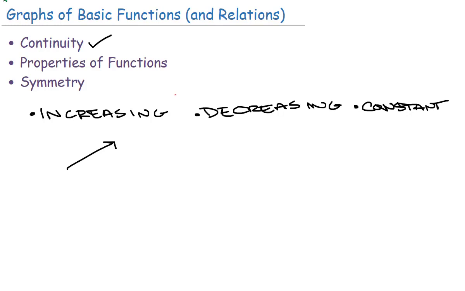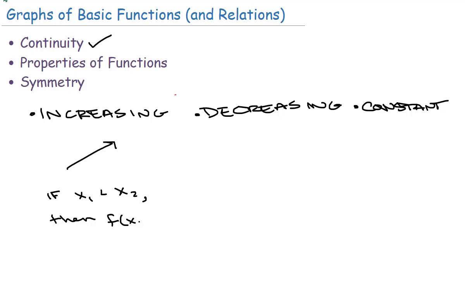And mathematically, maybe we plug in two different x values and one x value is less than the next x value, basically saying if we plug in a bigger x, then we should get out a bigger y, because the graph goes right, which is bigger x's, then up also, so that's bigger y values.